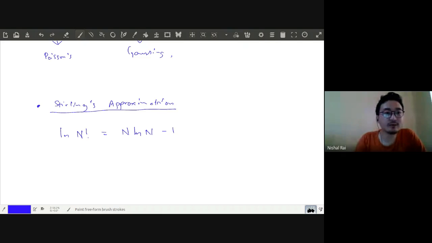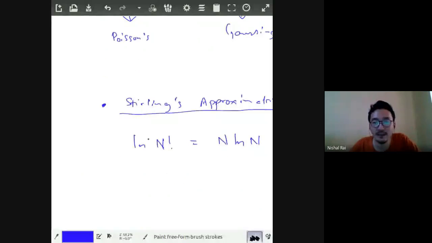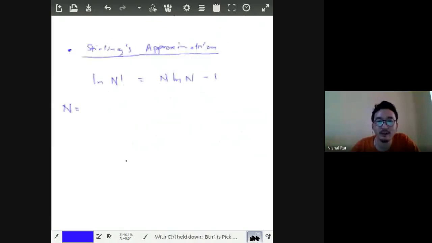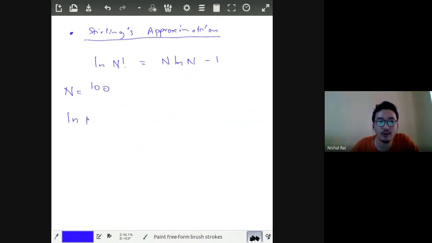For the time being, I'm taking n to be 100. For n equal to 100, log of n factorial will give you 363.74.